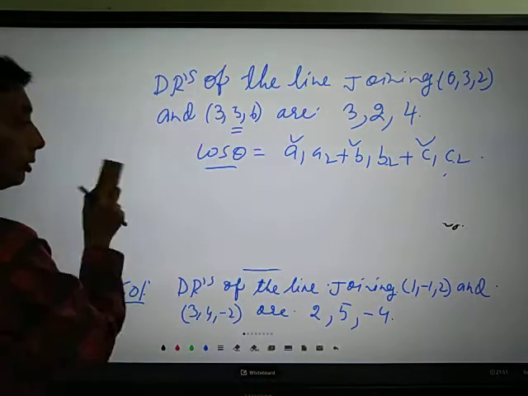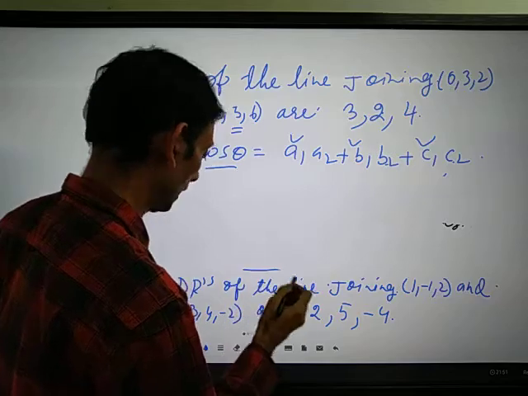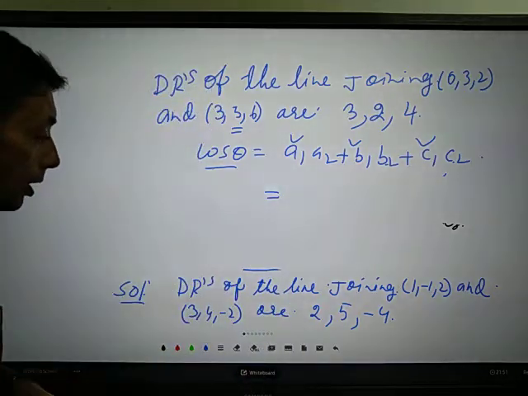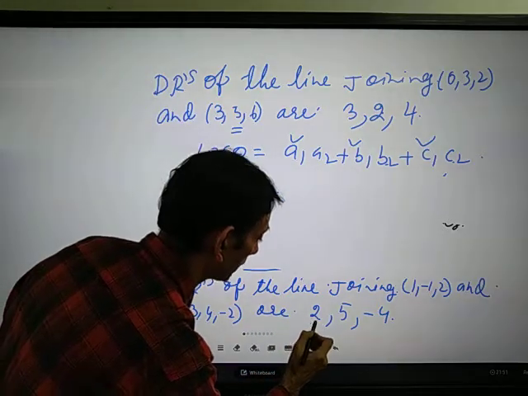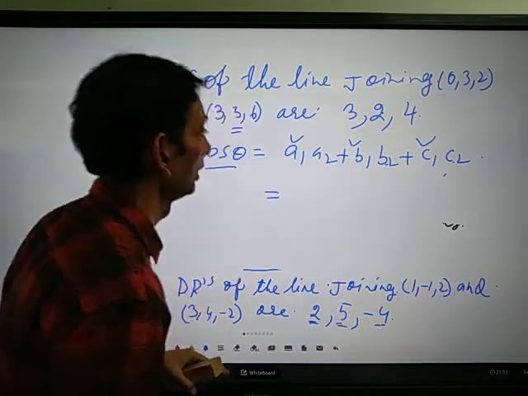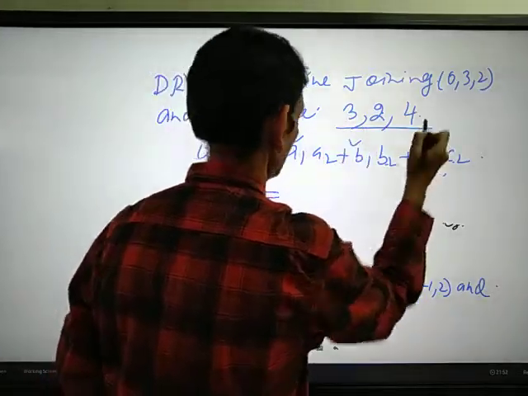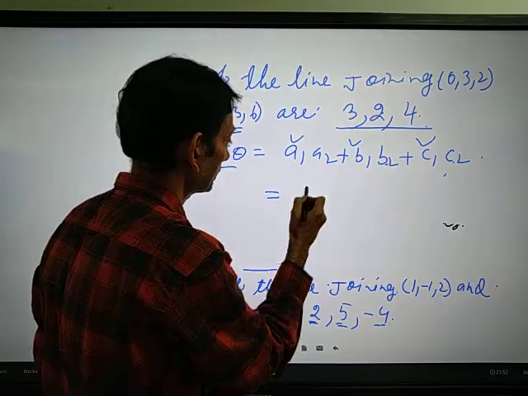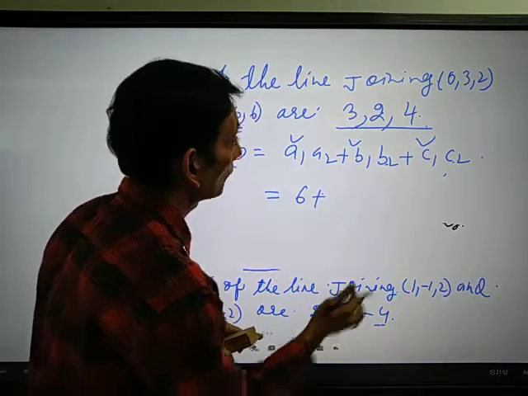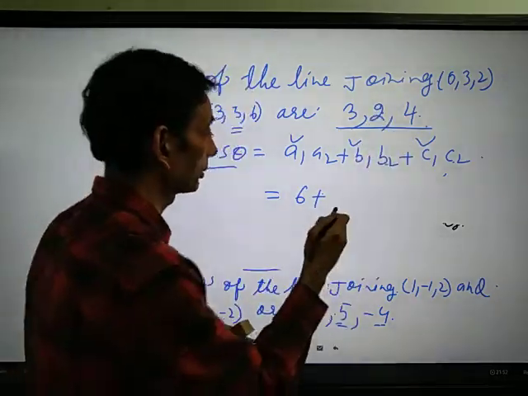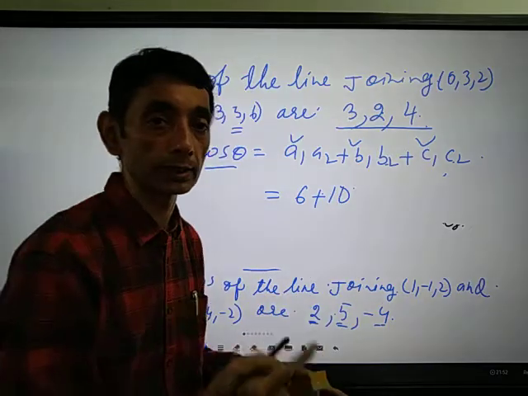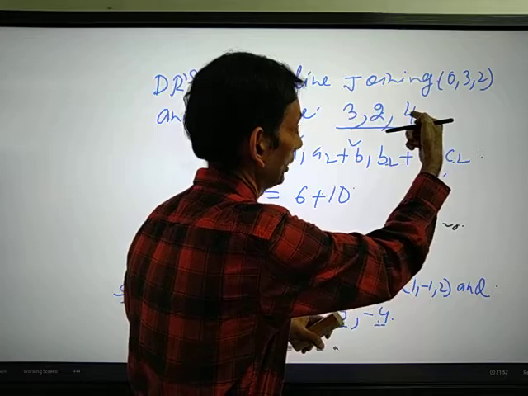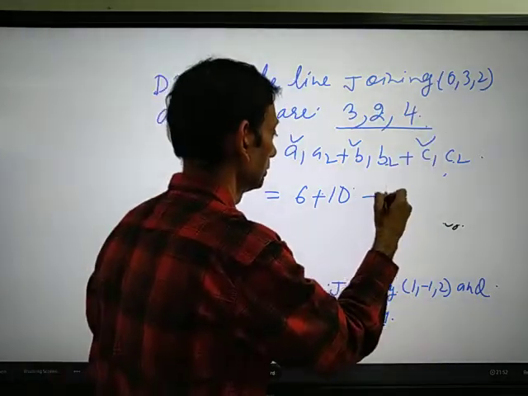We'll now substitute the values. This is one set of direction ratios, a1 b1 c1, and this is another set, a2 b2 c2. We multiply: a1 a2 is 2 into 3, which is 6, plus 5 into 2, which is 10, plus c1 into c2, which is -4 into 4, which is -16.